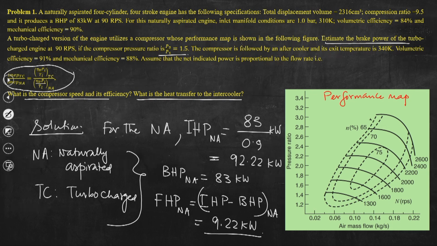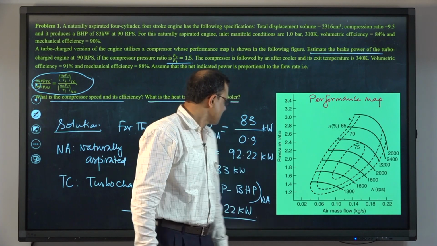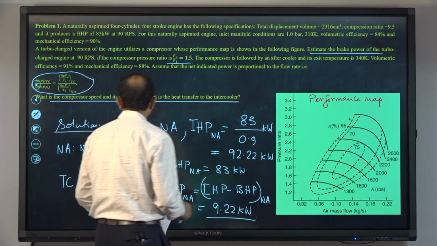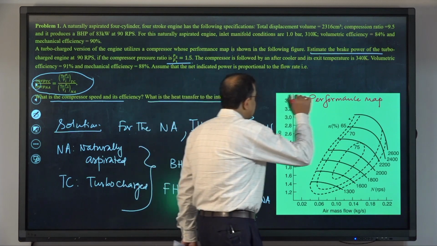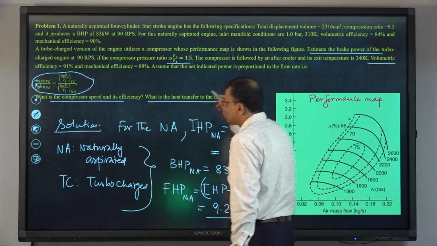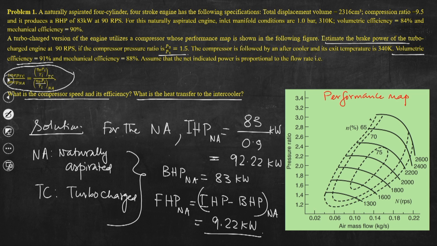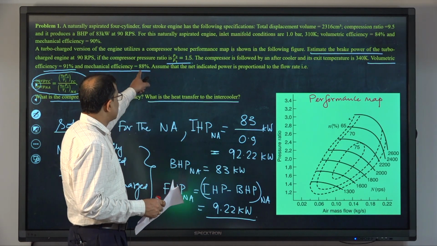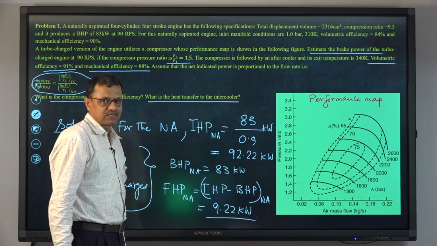So, you can understand, this 9.22 kilowatt is getting lost due to the frictional effect. Okay. Fine. So, if we go to the next slide, let me mention here, for the turbocharged engine volumetric efficiency is 91%, that is estimated, and mechanical efficiency is 88%. Certainly we can see that when the engine is turbocharged, volumetric efficiency increases, though we need to compromise with the mechanical efficiency, because mechanical efficiency has reduced by 2%.